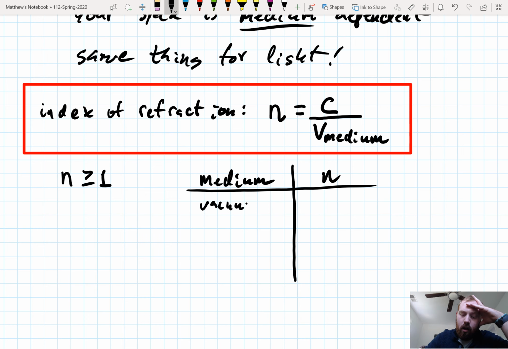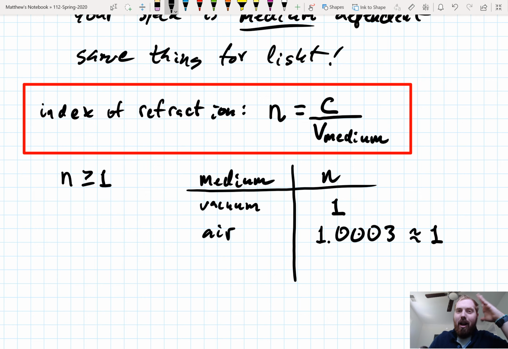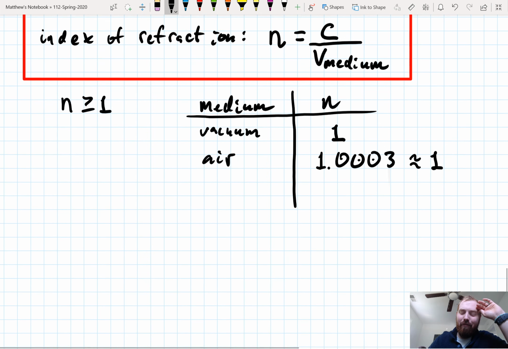Like I said, if you are in a vacuum, the index is just 1. Let's do air first. If you're in air, it's about 1.0003. So we're going to call that about 1. For all the purposes in this course, we'll say the index of refraction of air is 1. It's a little bit more than that, but close enough.